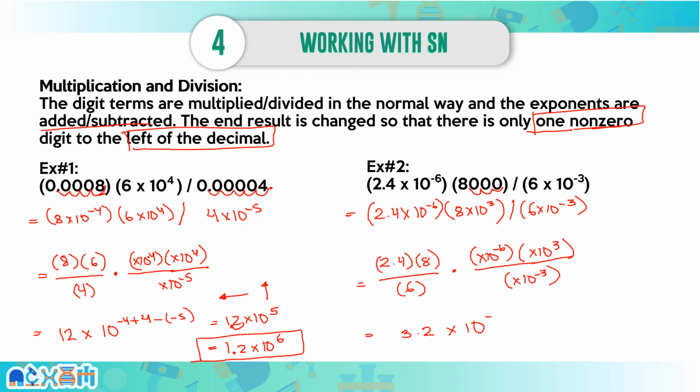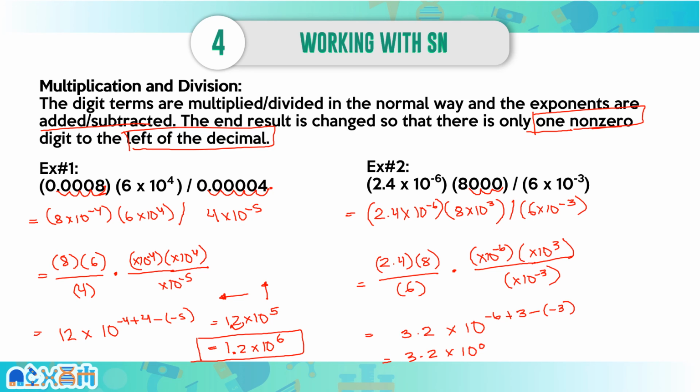So negative 6 and 3 are both on top, so negative 6 plus 3. The one in the denominator is minus negative 3. Okay, so minus minus will be plus 3, so negative 6 plus 3 plus 3. That will give you 3.2 times 10 to the 0.